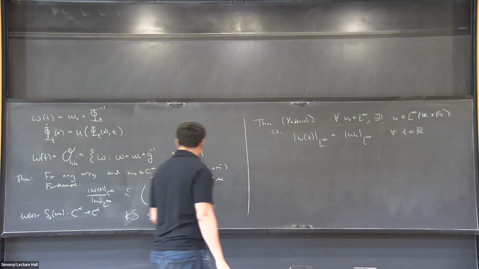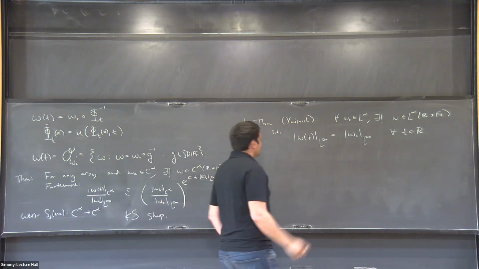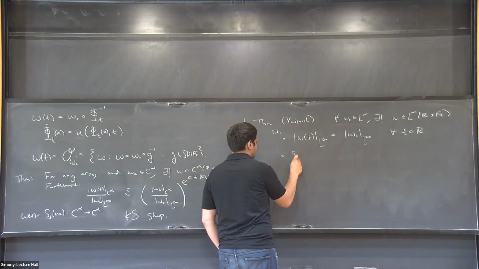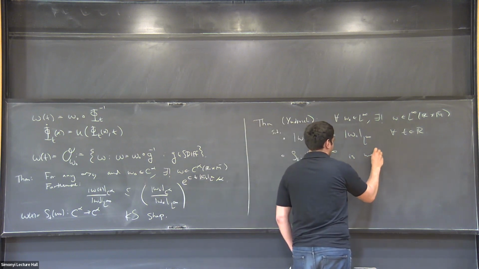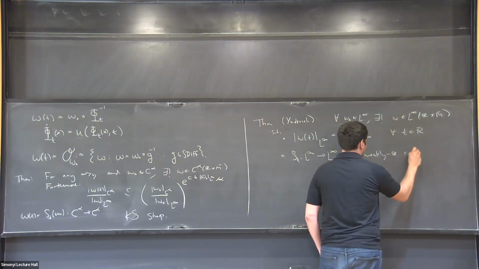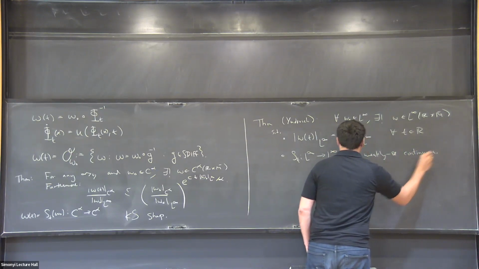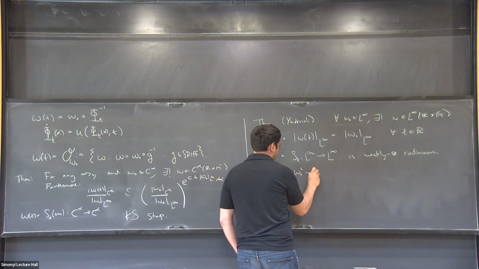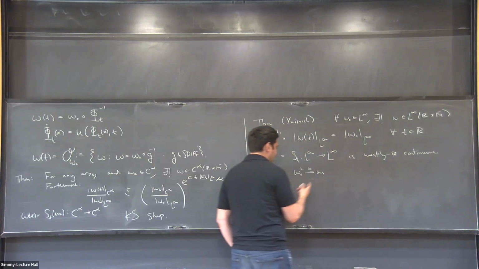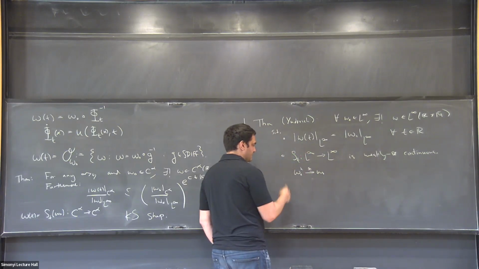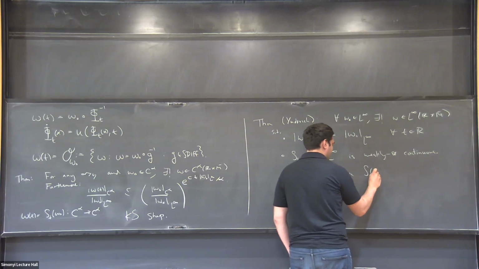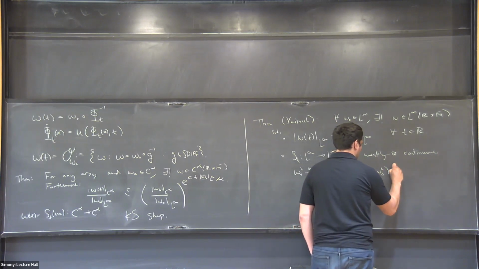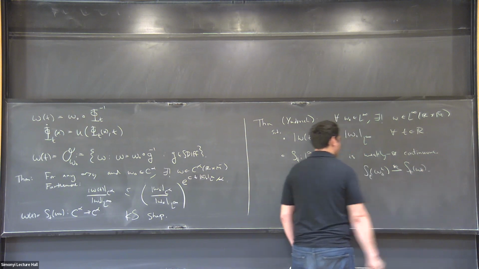This should be contrasted with this estimate. And two, the solution map, which takes L infinity to L infinity, is weak star continuous. Meaning that if I have a sequence of initial data which is converging weak star to say some omega 0, where weak star means I integrated against an L1 test function and those integrals converge, then the solution operator for any finite time weak star converges to the corresponding solution operator from omega 0.